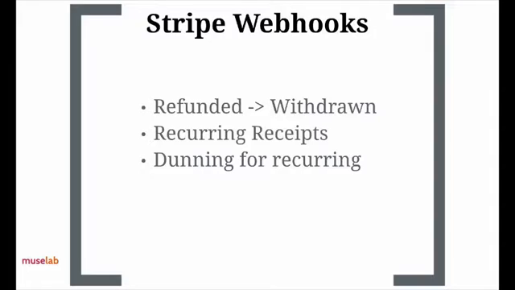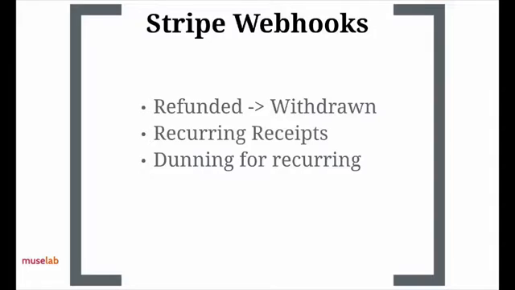Also, recurring receipts. Stripe actually does not provide any receipts. It's kind of a philosophical standpoint on their part. They want to focus on credit card processing only and not emails, and have an open API so that lots of people can do emails. So we need a way where whenever somebody's card gets charged on a monthly basis, it will automatically send them a receipt.